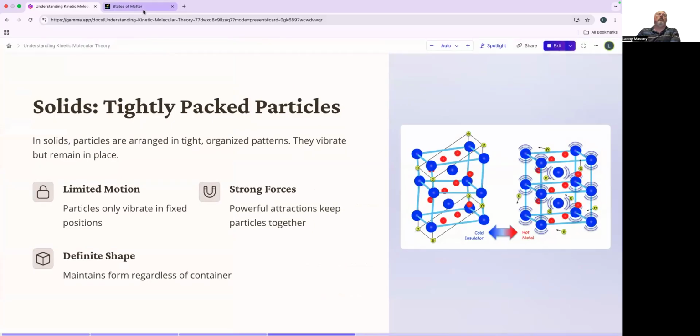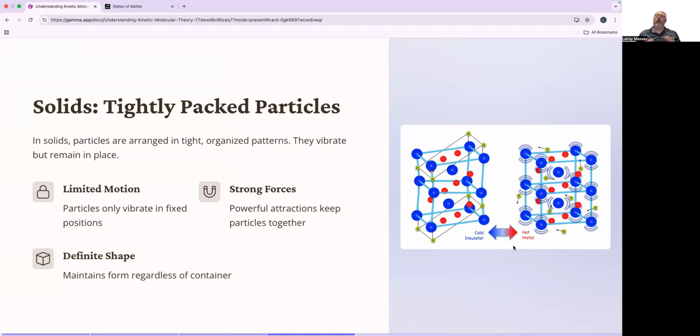All right. When we deal with solids, we're dealing with tightly packed particles. They have limited motion because they have bonds holding them in place. As it says there, strong forces, powerful attractions keep the particles together. As we add energy, as we see in these diagrams, the more energy we add, the faster these molecules will vibrate.